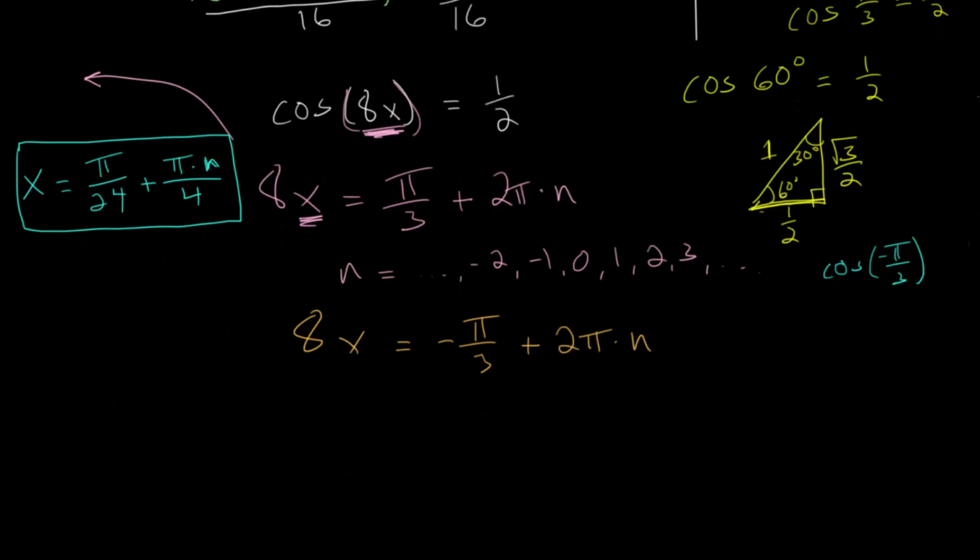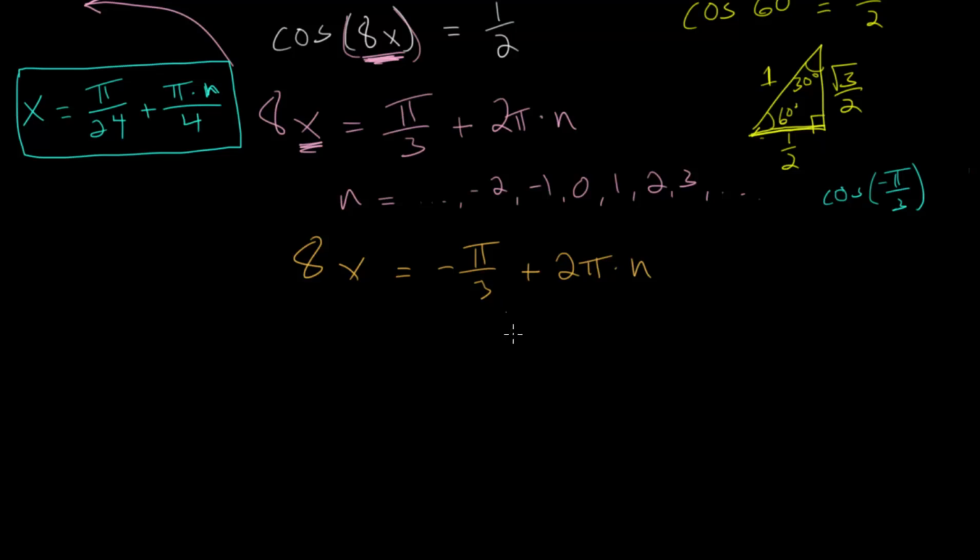So we again will have this infinite solution set, and to put it in terms of x, we divide everything by 8. We get minus pi over 24 plus 2 pi n over 8, which we know is pi times n over 4.